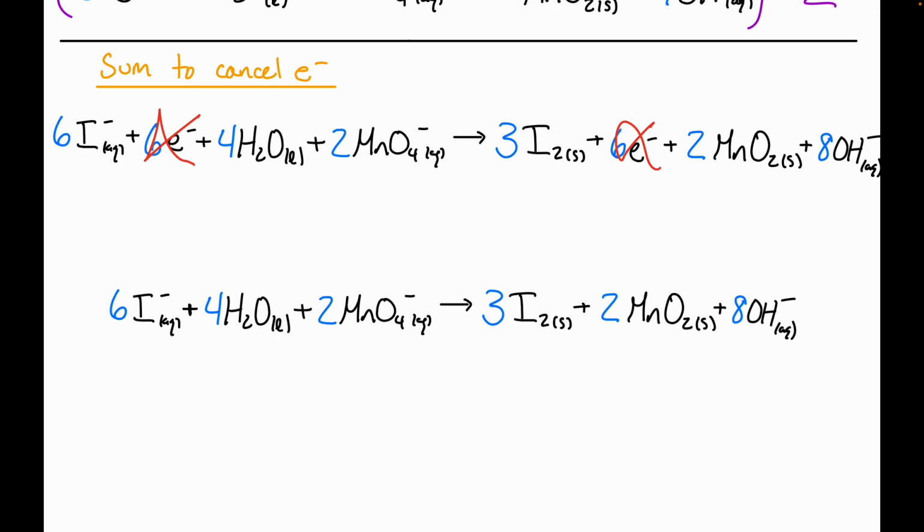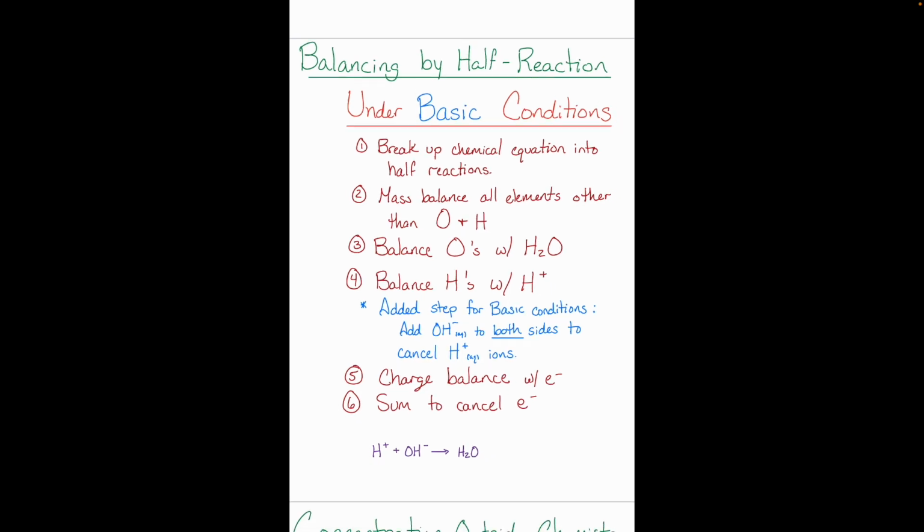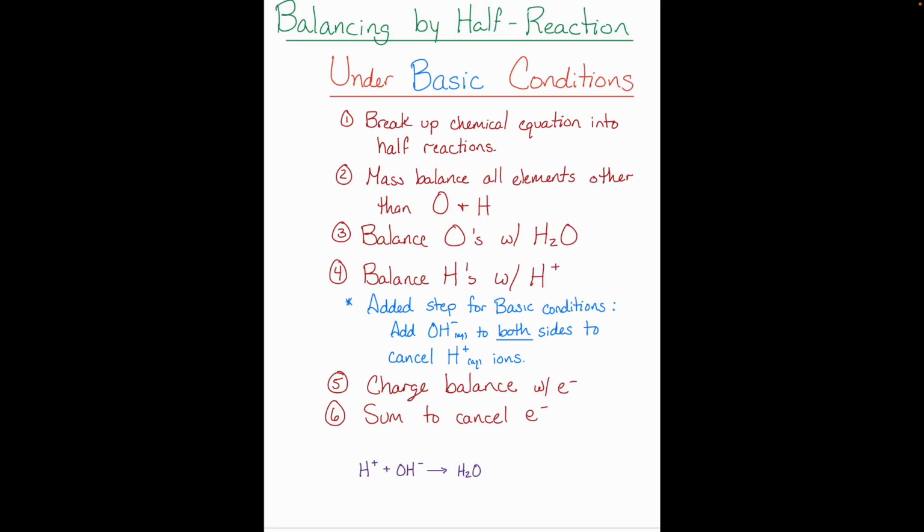All right, we have some waters left over in this equation because they're helping balance our oxygens, and some hydroxides. That's because this reaction took place in an aqueous basic solution here. Okay, and just to be clear, this was our balancing by half reactions under basic conditions. This was this step-by-step process we followed here.